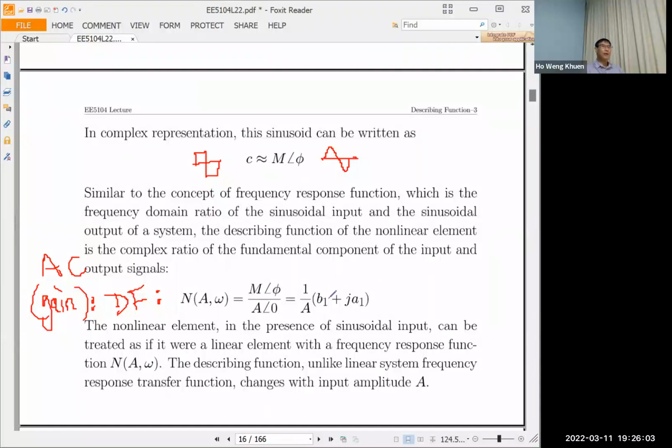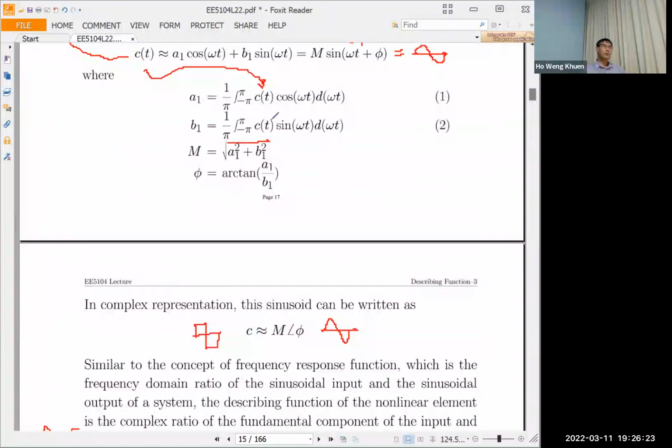And just remember, the describing function is nothing but a gain: output sine wave divided by input sine wave, whereby the actual signal is a non-linear signal. It could be a square wave, it could be a triangle wave. As long as it is periodic, you can use Fourier series to approximate it as a sine wave.